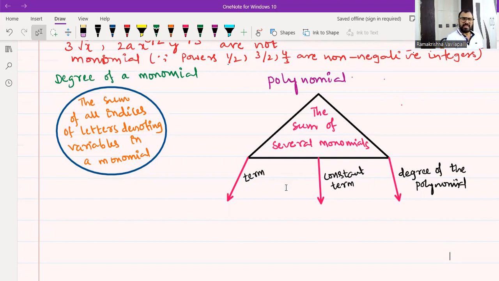So here you see the sum of all indices of letters denoting variables in a monomial, and whose coefficient is non-zero, right? So the sum of all indices of letters denoting variables, here I am writing, whose coefficient is non-zero.